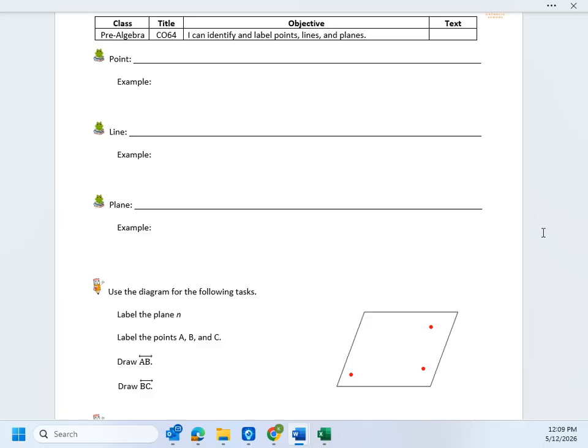I can identify and label points, lines, and planes. So a point is a dot used to represent a location.